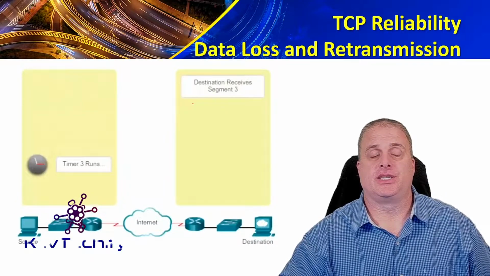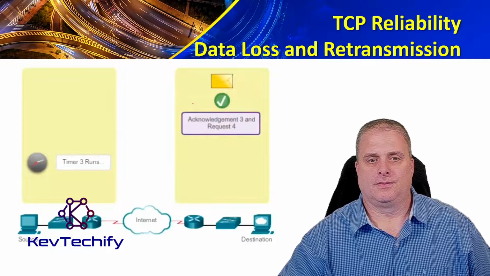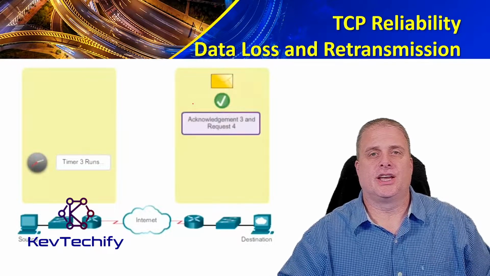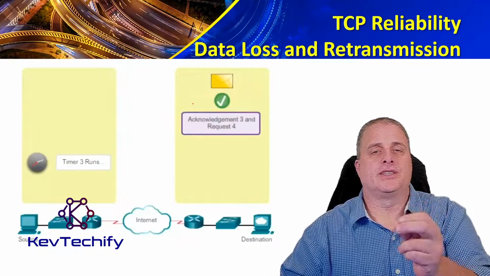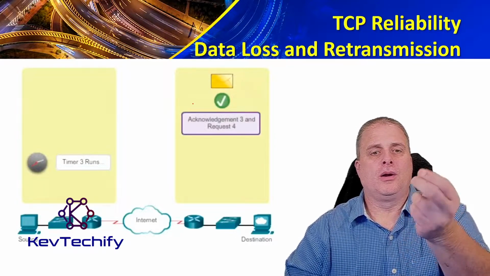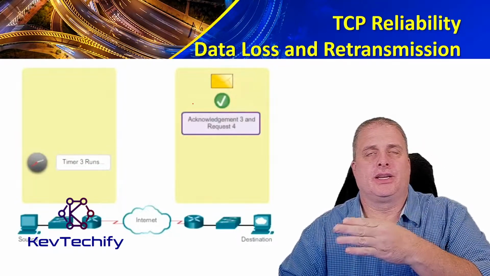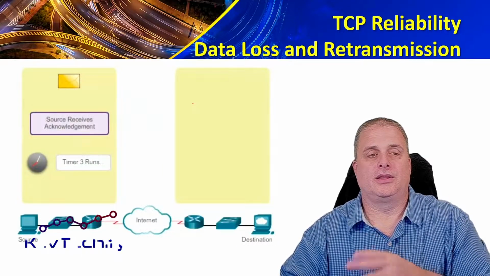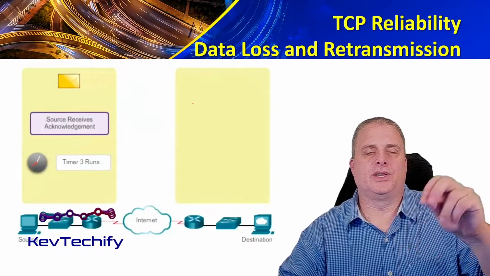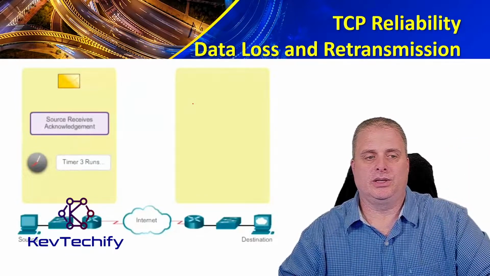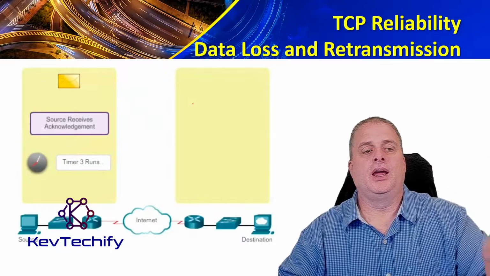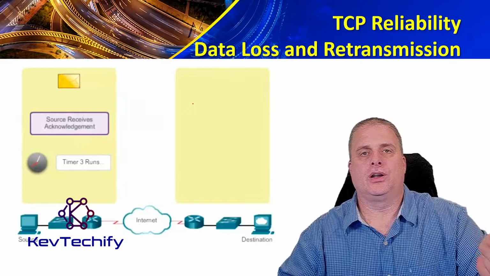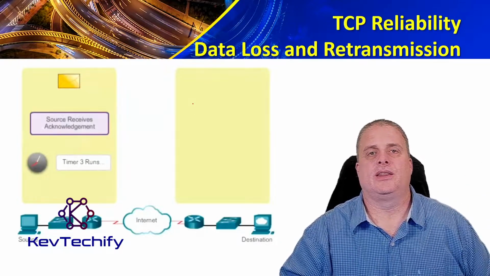Segment 3 is received. The destination sends an ACK 4, which says, I'm waiting for segment 4, thereby acknowledging it received segment 3. And the source now receives that acknowledgement for segment 3 while the timer is still running, so we don't have to resend that data.